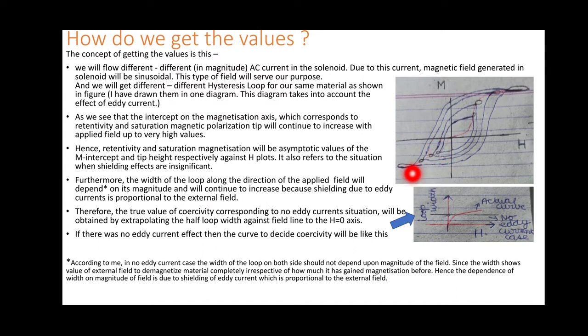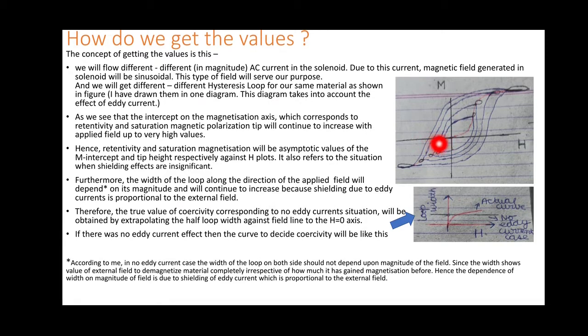I think, in the ideal case where there is no eddy current effect, the coercive field will be the same. It does not depend on how much field we have applied. This will be the same. That is this curve.